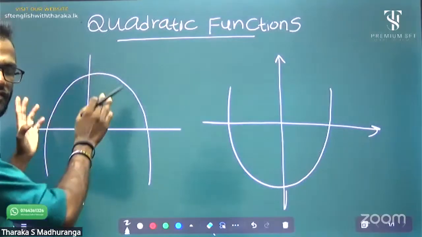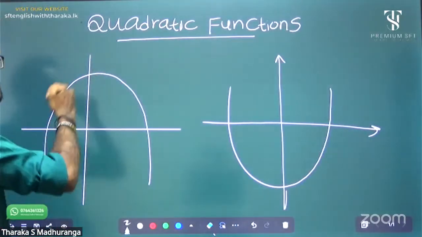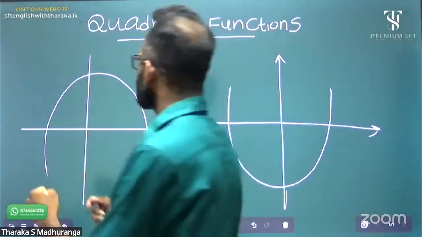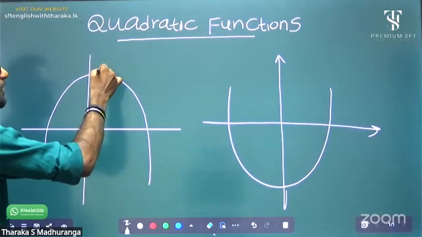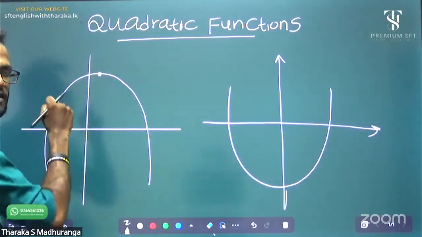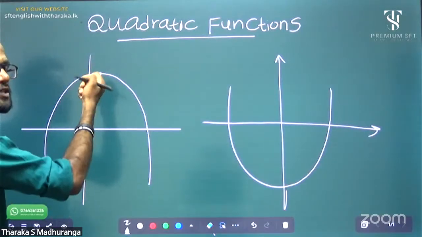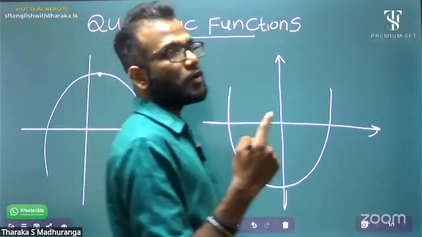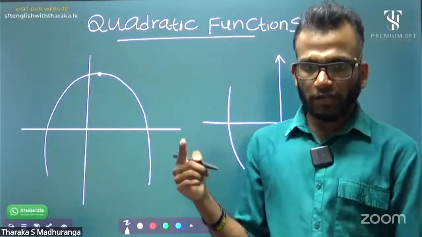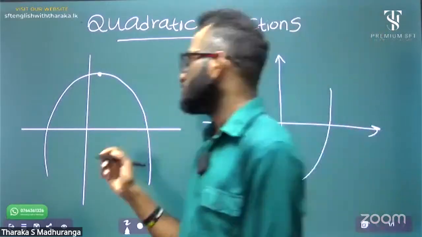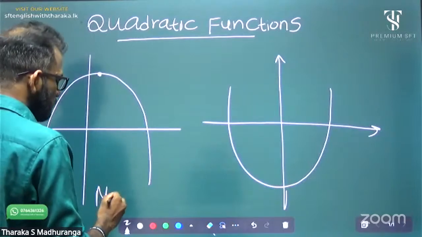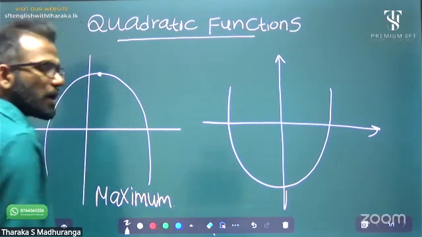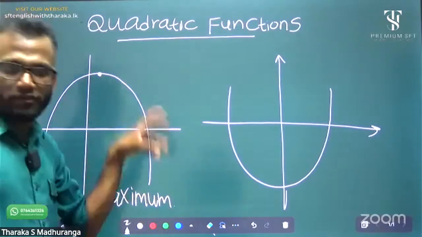Now, the first diagram we call a maximum quadratic function, because the turning point, the bending point, of this first parabolic shape is a maximum point of the y-axis. That's why we call it a maximum parabolic shape or maximum quadratic function.